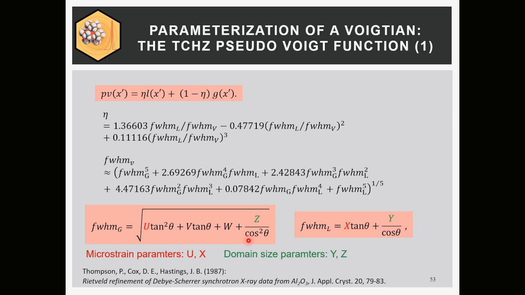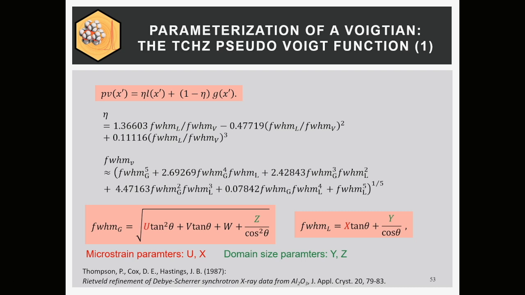If I just have the square root of u times tangent theta, then the square root of u has some relation to the strain for the Gaussian part. And the same is here for the Lorentzian part. It's the x times tangent theta. And therefore, one has added these 1 over cosine theta dependencies, the square root of z divided by the cosine theta.